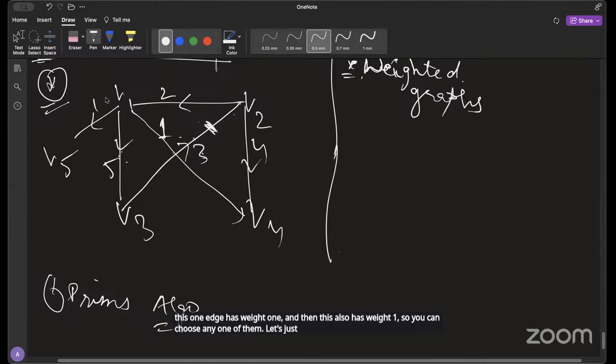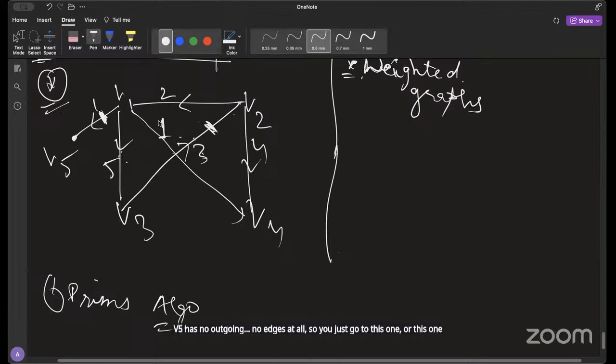So you can choose any one of them. Let's just choose this. Then you choose the ones that are connected to this vertex or this vertex. None is connected to this one. V5 has no edges at all. So you just go to this one or this one, and then you choose the minimum one. Out of all the outgoing edges from V1 and V5, you choose the one with minimum weight. So this is the next minimum.